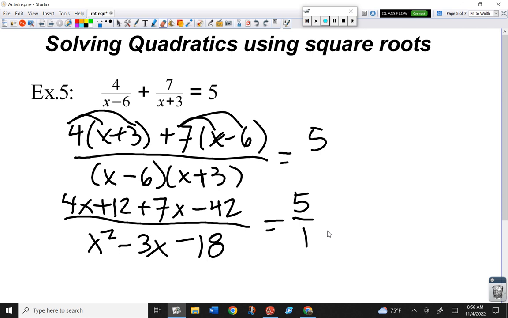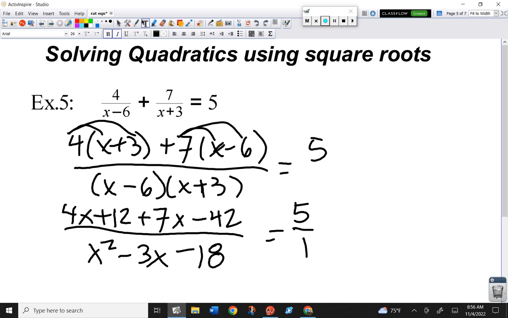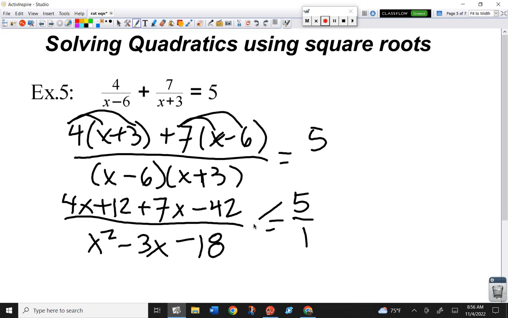All right. Now we simply cross multiply. We're going to cross multiply here. So we'll get 5x squared minus 15x minus 90.